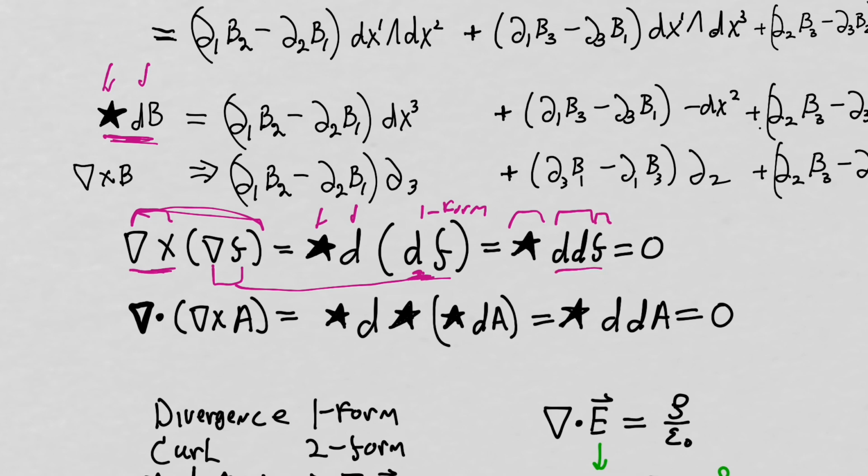But the double exterior derivative of anything is zero. So we immediately can see that the curl of the gradient equals zero right away, right? That proof becomes super trivial. The proof that the curl of a gradient is zero has now become a one-liner.